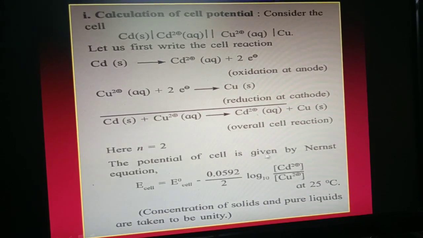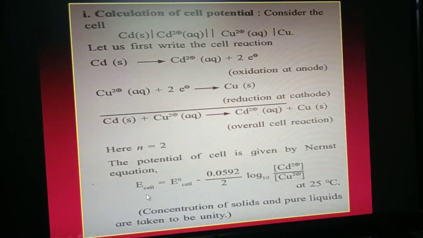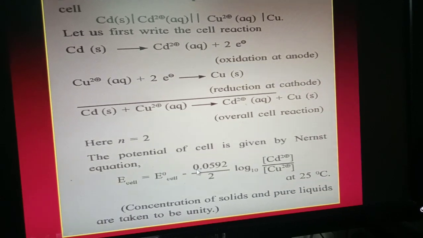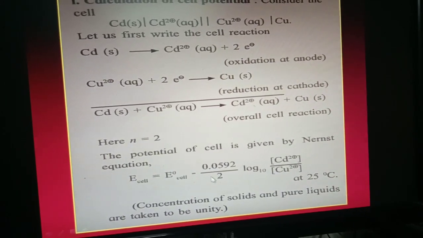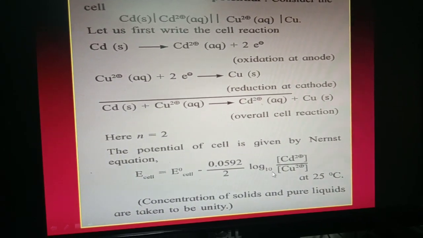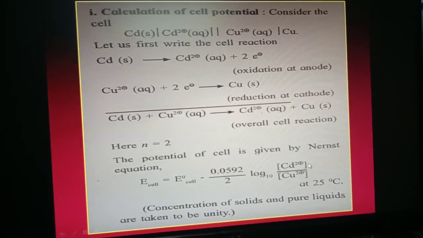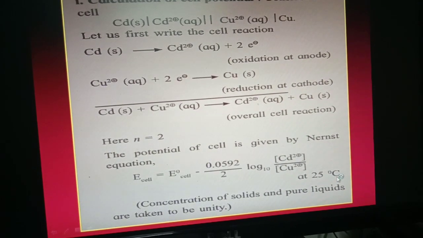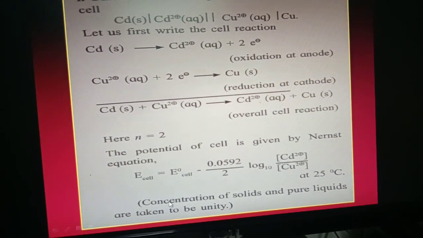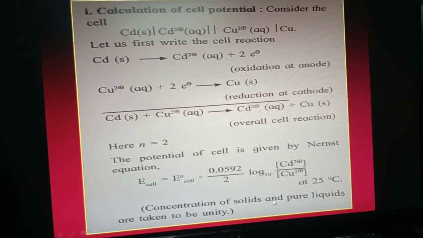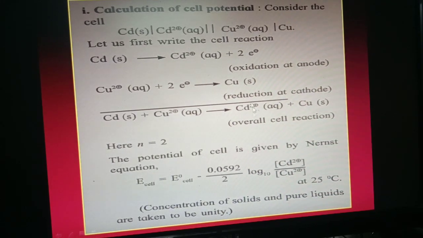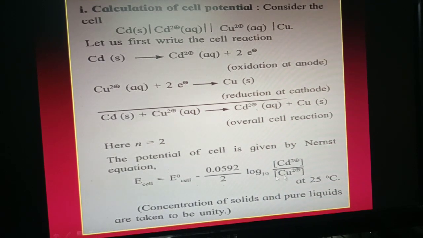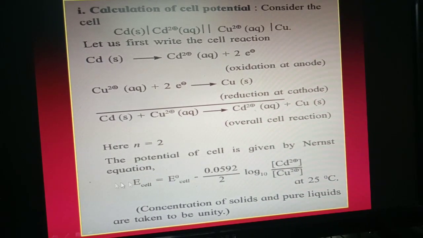The potential of the cell can be given by the Nernst equation as E cell is equal to E0 cell minus 0.0592 upon 2 log to the base 10 of concentration of Cd2+ upon concentration of Cu2+ at 25 degrees centigrade. Always remember, concentrations of solids and pure liquids are taken to be unity. So, copper and cadmium both being solids, their molar concentrations are considered to be 1 molar.